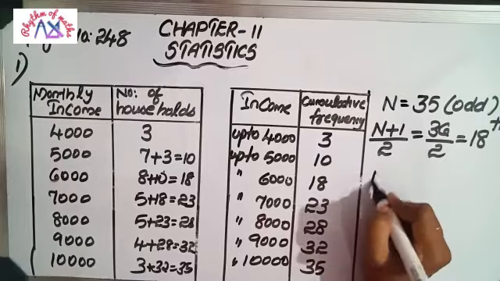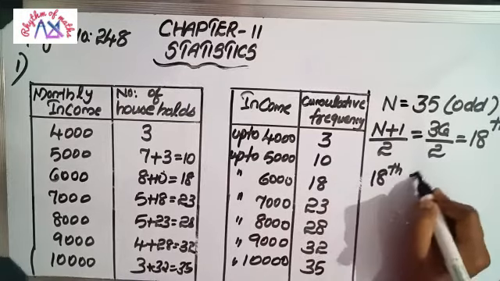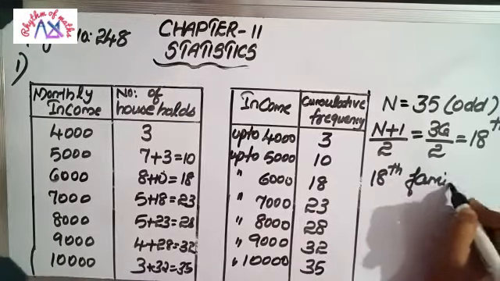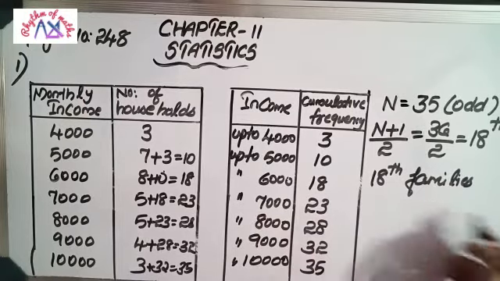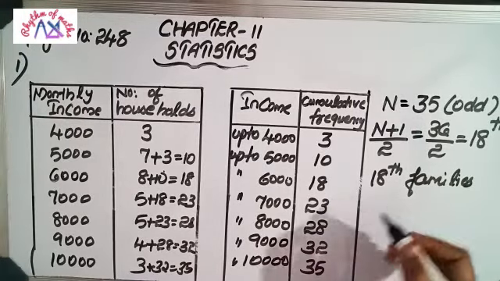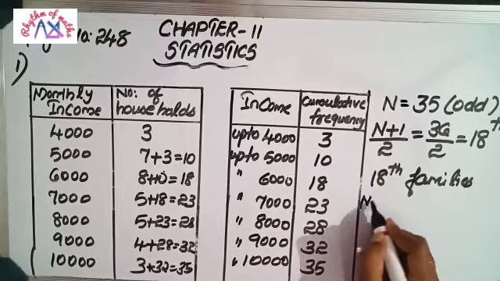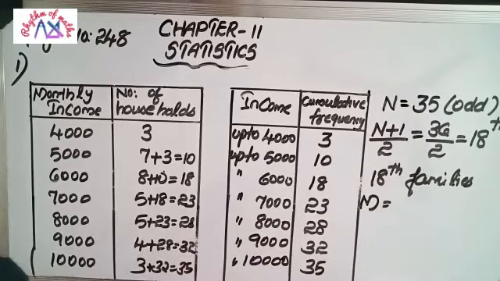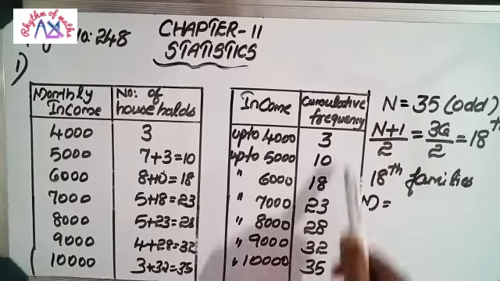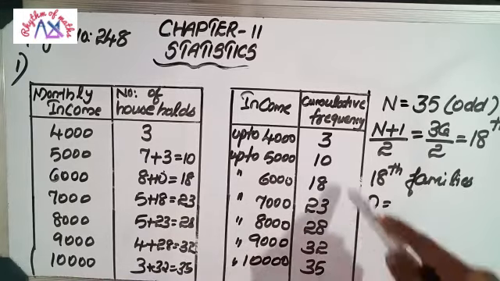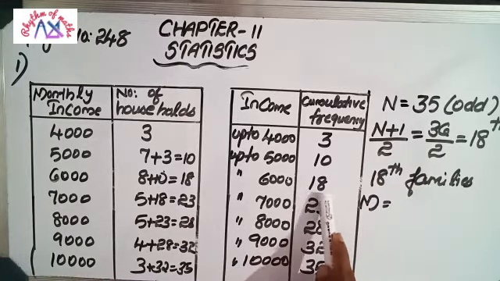So what will the 18th family's monthly income be? Median equal to the 18th household's monthly income. So you have to check here where 18 comes. When you check, you can see that 18 is here.